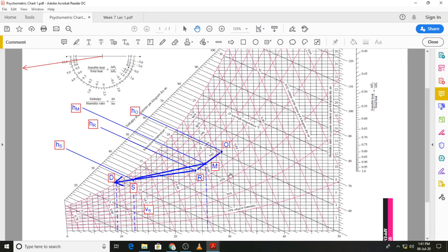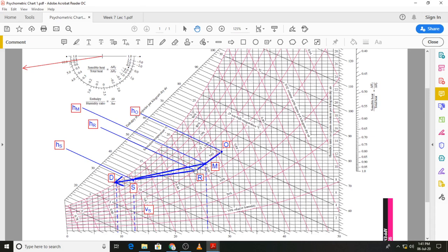You can see I have already worked out the problem. So the first thing I did was I located state O, then I located state R, and remember the objective is to locate all the state points and then complete the cycle. We know that the process O to R represents the adiabatic mixing on which point M will lie, so I will connect state R with state O by a straight line.